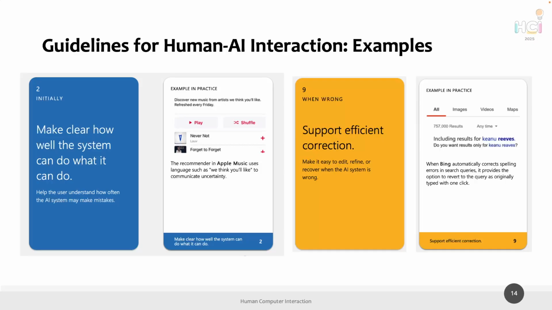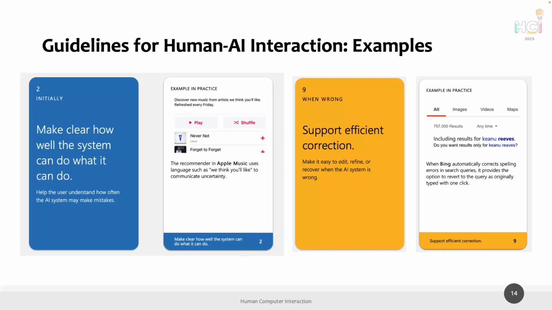For each card, there is also a real-world example to show you how to apply this guideline. For example, here it's an example from Apple Music. The recommender in Apple Music uses language such as "we think you will like" to communicate uncertainty. It's not "this is your favorite song for sure." It communicates some uncertainty.